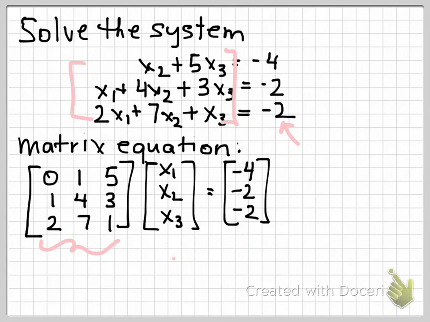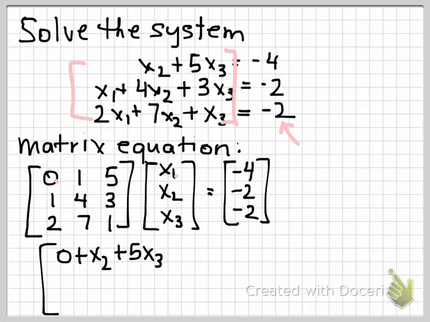Now, if you were to multiply the left-hand side here, you would get 0 times x1, which gives you 0, plus 1 times x2, which gives you plus x2, plus 5 times x3, which is plus 5x3.